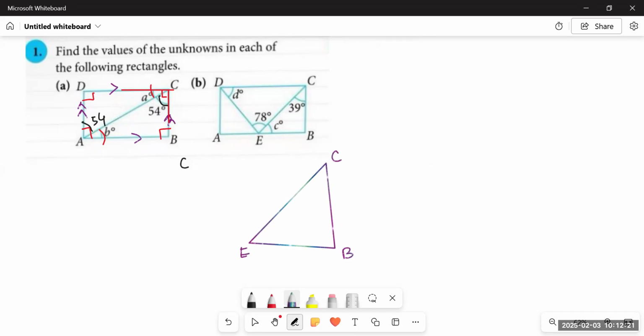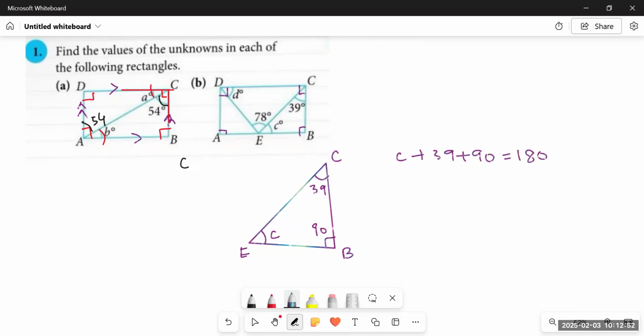If we talk about this one, we have to find out angle C. This angle is given as 39 degrees, and we already know that at point B, the angle would be 90 degrees, because we know all the angles at the vertices are 90 degrees each. Now I can easily find angle C using the angle sum property of triangles, that is, C plus 39 plus 90 is equal to 180 degrees.